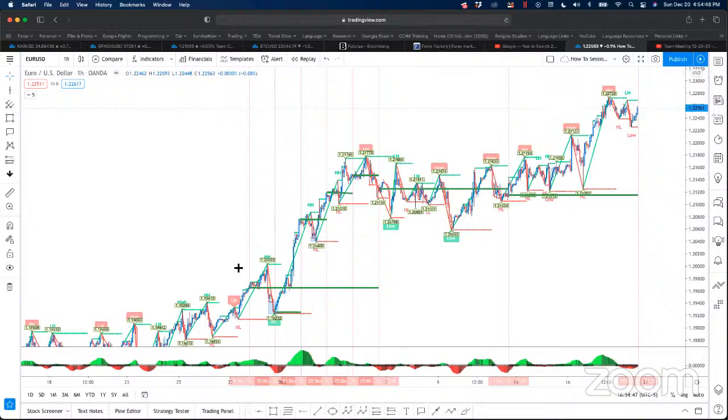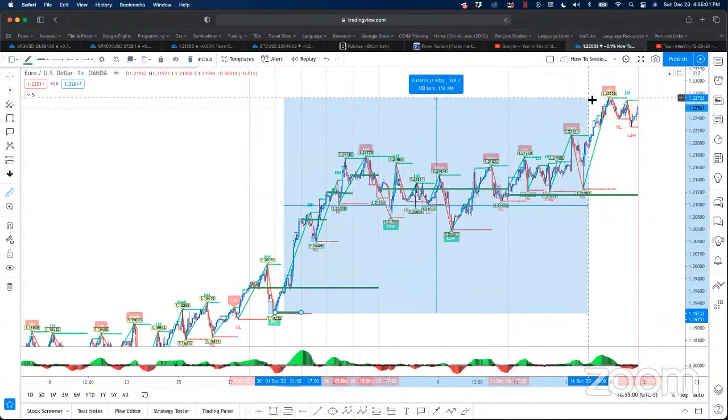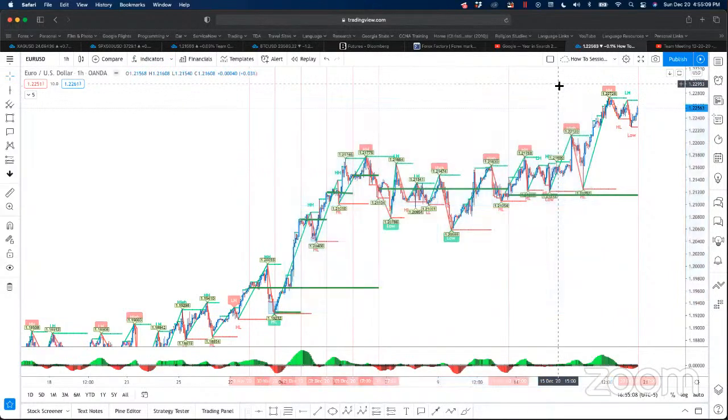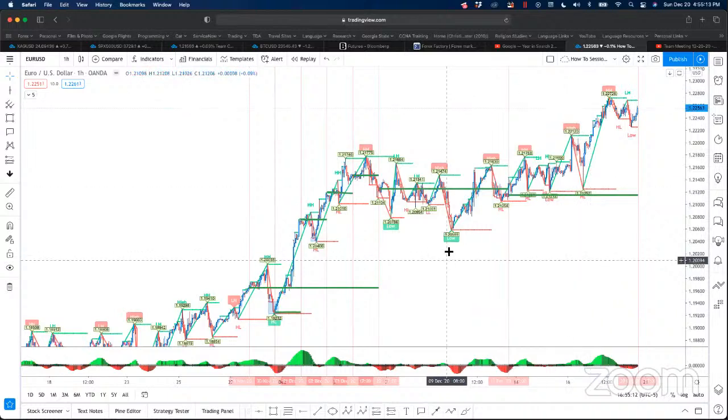And even if you missed it right here, you had an opportunity here. And now you're in this trade from these lows to the high that it made weeks later. And that's 350 pips off of EU. With the next week giving you multiple entries to get into this part of it.